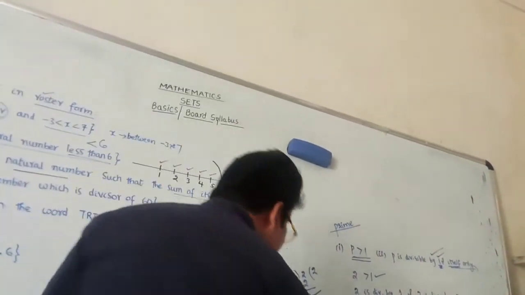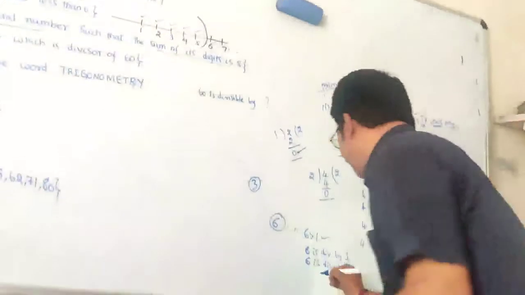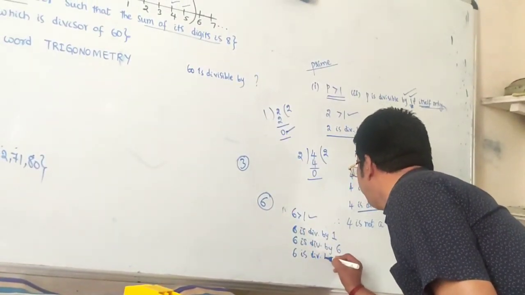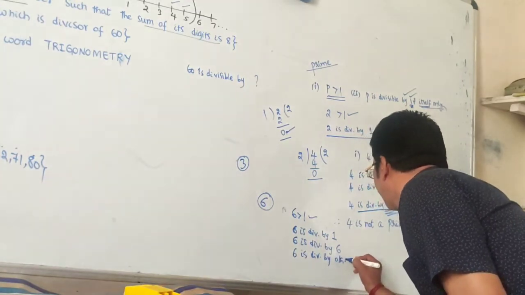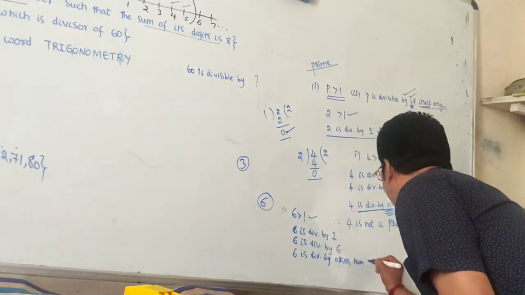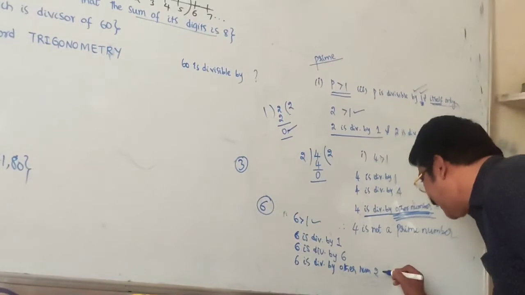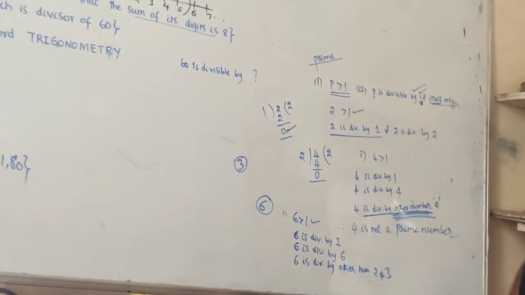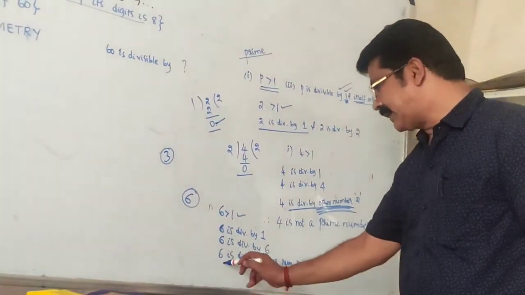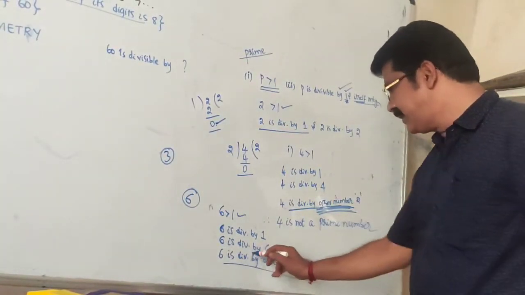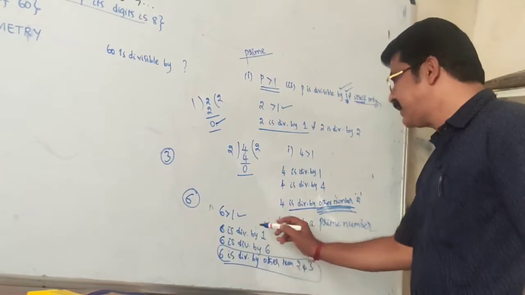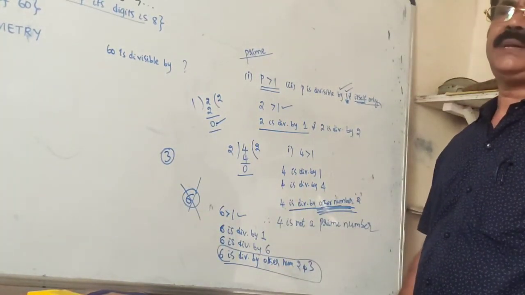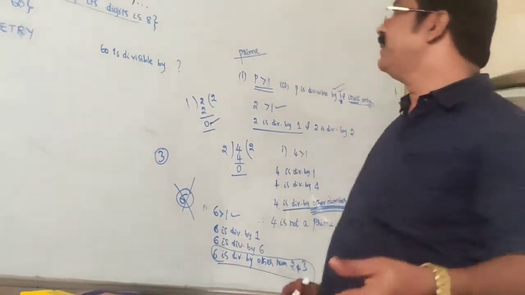No. 6 is divisible by other numbers, 2 and 3. 3 2s are 6. 2 3s are 6. So therefore, according to this condition, it is failed. Means 6 is not a prime number. So let us list out some prime numbers.